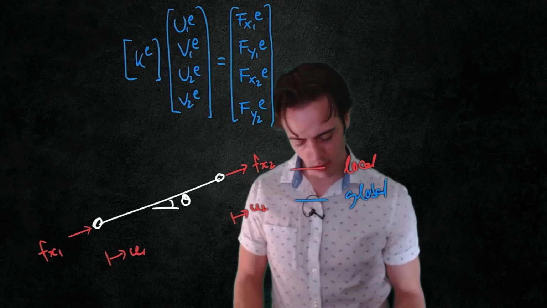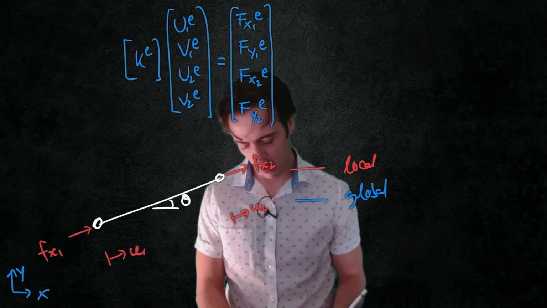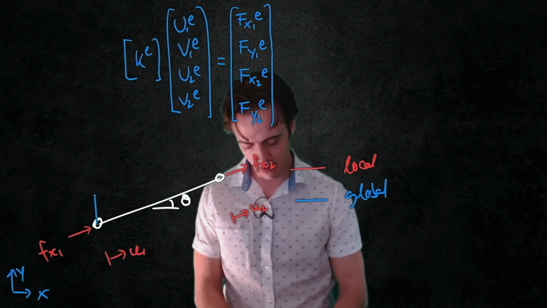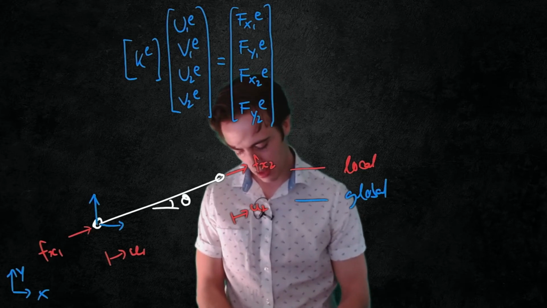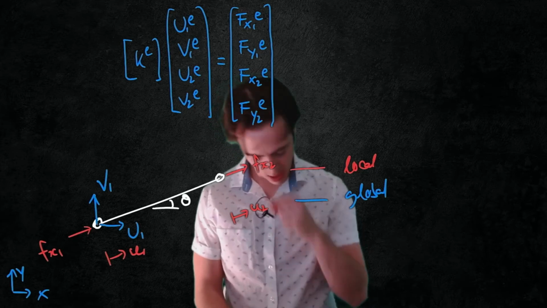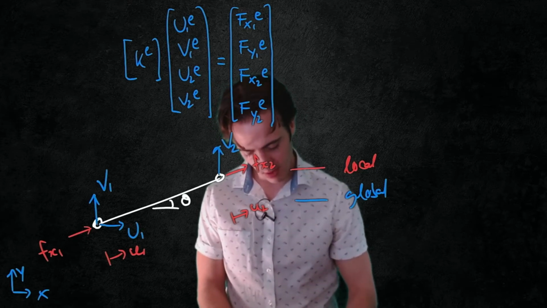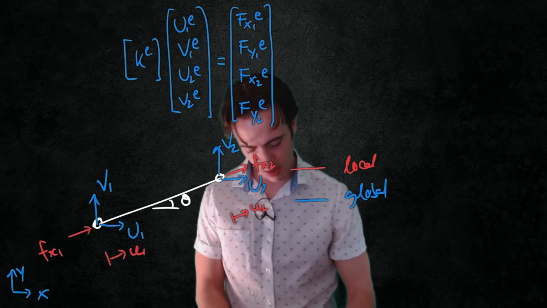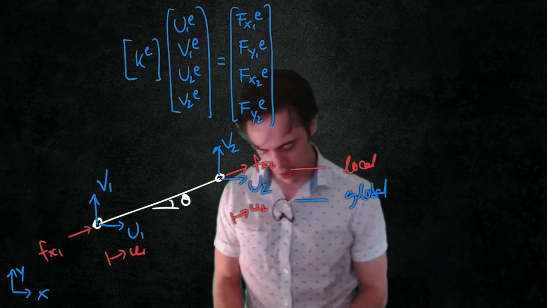And then in the global coordinate system, let's say that my y is defined vertically, my x is defined horizontally. I would have two displacements. I would have v1 and u1, v2 and u2. Those would be my global displacements, and I'd also have some forces associated with these.